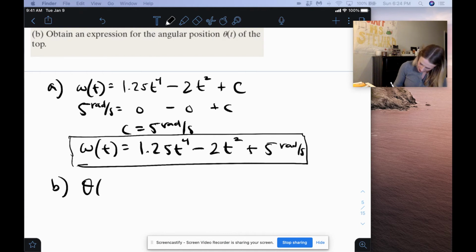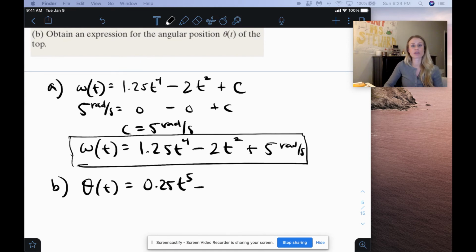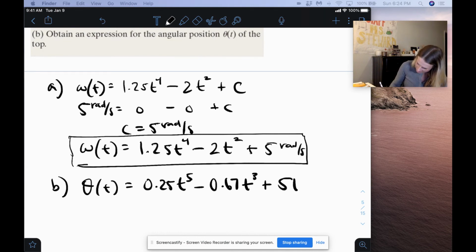So theta of t is 1.25 divided by 5, which is 0.25, t to the 5th, minus, and then we add 1 to that exponent 2, so that becomes 3. We divide 2 by 3, which is 2/3, or 0.67, t to the 3rd, and then plus 5t for that last term.